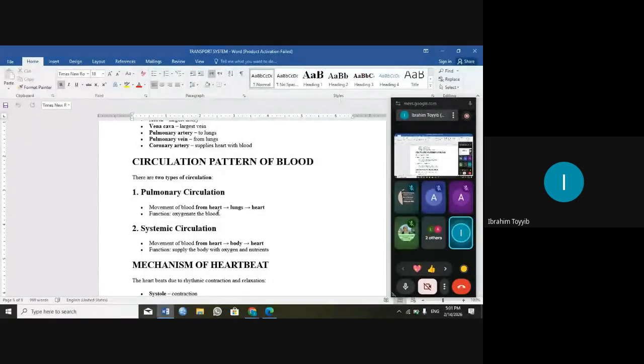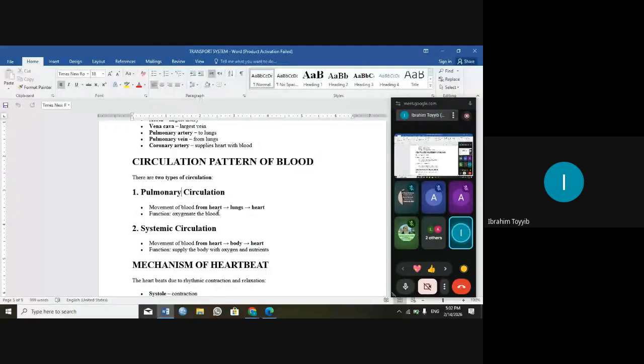Deoxygenated blood is returning from the head, from the lower part of the body, from the hand, from all parts of the body, to the heart, except the lungs.